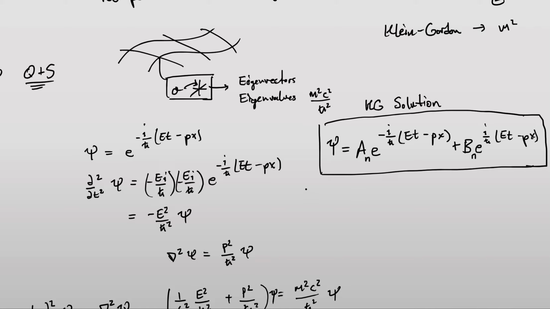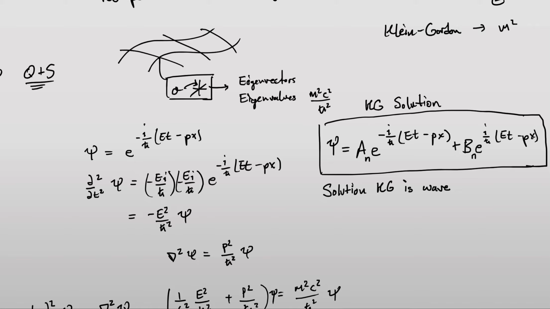Our solution is a wave. The solution to the Klein Gordon equation is a wave, and we can scale that wave up and down, and it's still a solution. So that means our probability function, or our state function right here, takes the form of a wave.